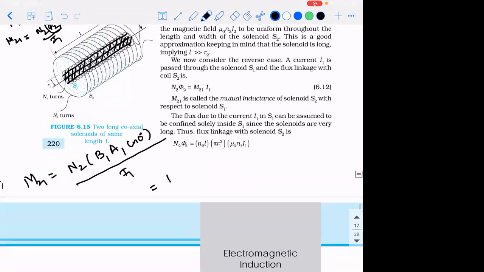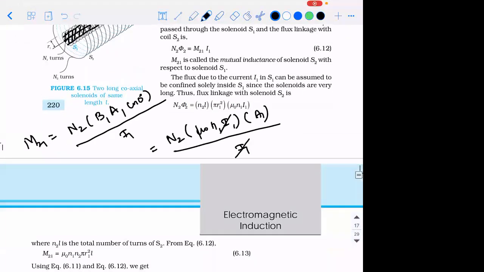So this will be equal to N2. What is the value of B1? Is it not mu naught times n1 into I1, into A1 (undisturbed), cos 0 is 1, the whole divided by I1. I1 and I1 will get cancelled.